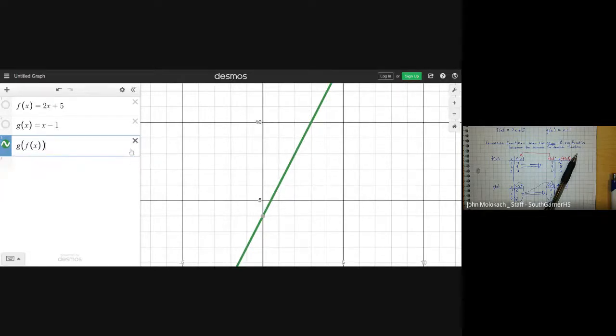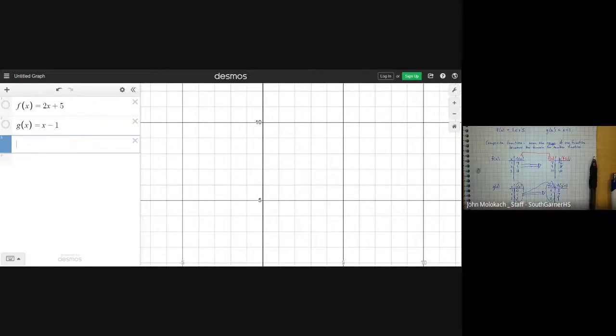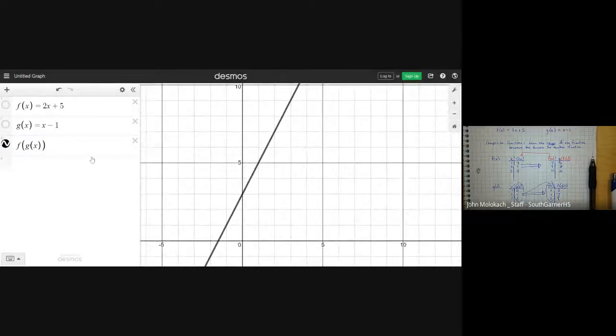If I wanted to do the same thing with, sorry, I've covered this up, f of g of x, and you were taking some good notes, then you remember that when x is 1, 2, and 3, the final values were 5, 7, and 9. When x is 1, the final value is 5. When x is 2, the final value is 7.